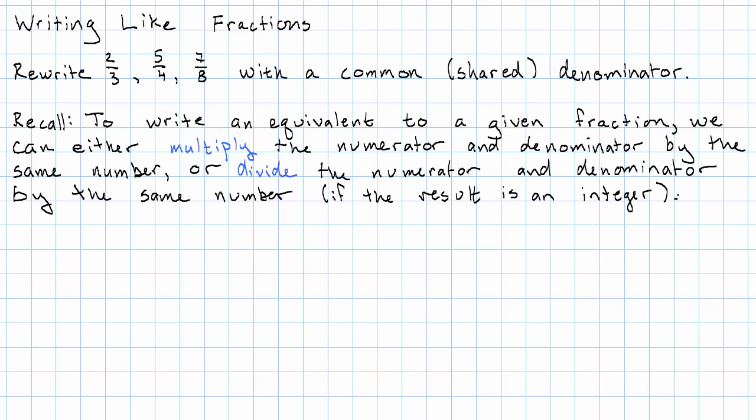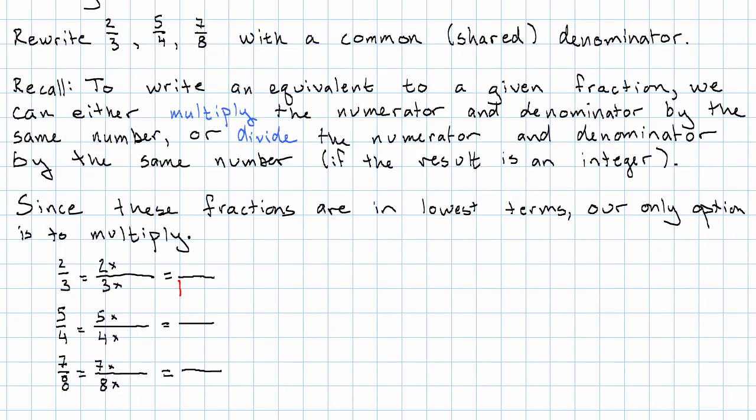Since our given fractions here are in lowest terms, which will often be the case when we're setting out to write a common denominator, our only option is to multiply the numerator and denominator by the same thing. And our overall goal is that all three of our eventual denominators should be the same.